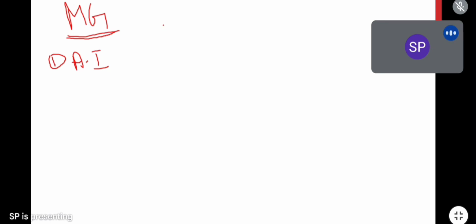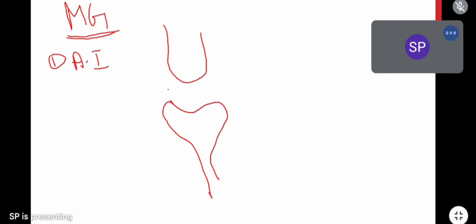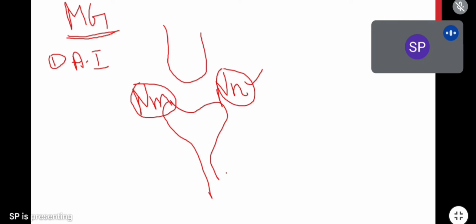In the previous class I told you, just imagine this is a ganglion, and on the ganglion we have N receptors, right? Or just imagine it is a neuromuscular junction. What is at the neuromuscular junction? NM receptors are there. We have NM receptors and NN receptors. NN is mainly present in the ganglia, and NM is mainly present on the end plate of the tissue.